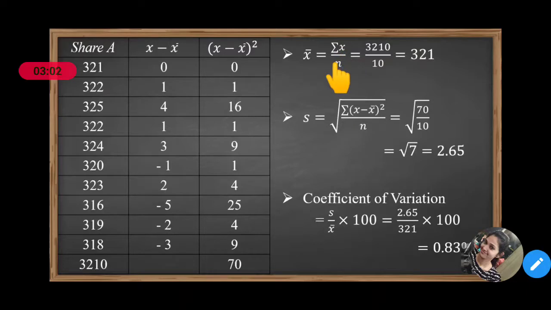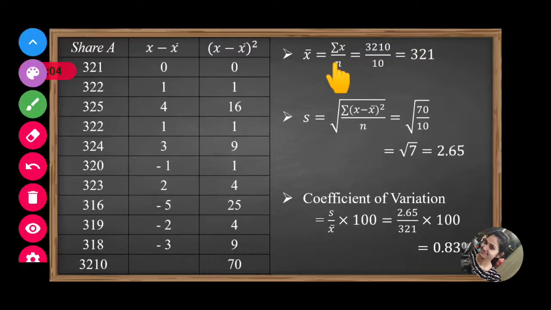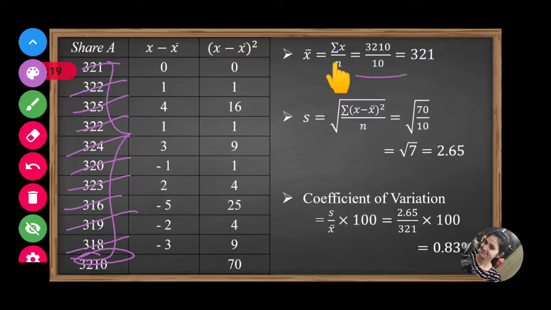Sigma x means just do the total of this entire column. Its total will be 3210, and how many observations are here? 1, 2, 3, 4, 5, 6, 7, 8, 9, 10. So 3210 upon 10. So you will get x bar is equal to 321.